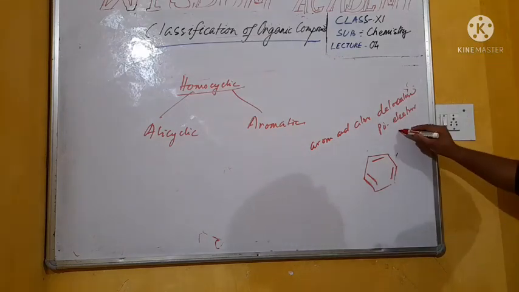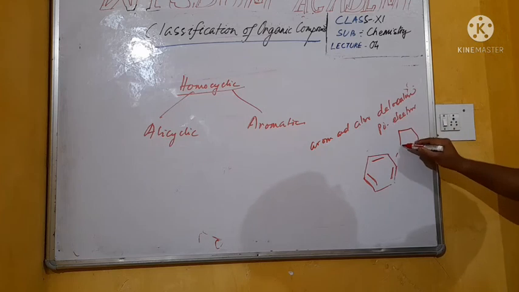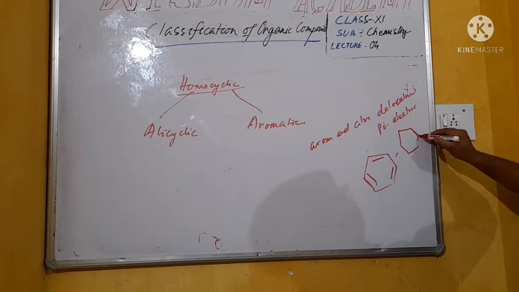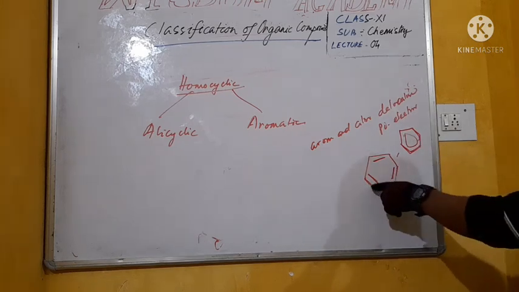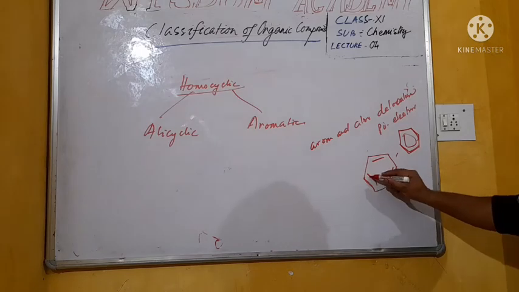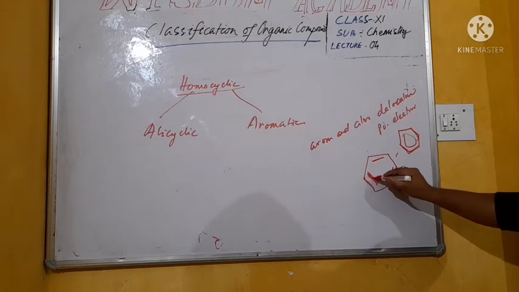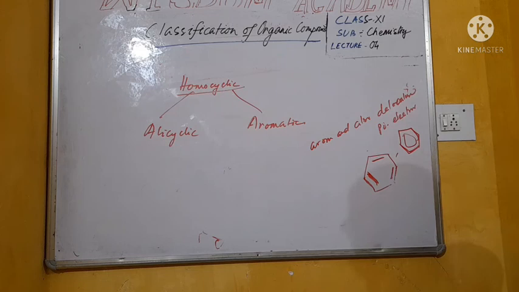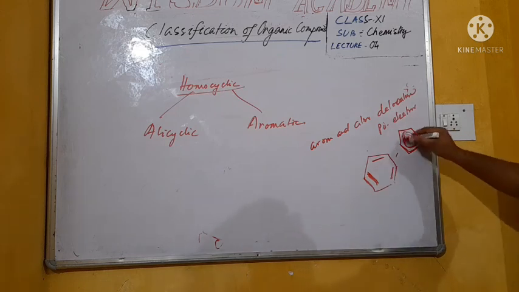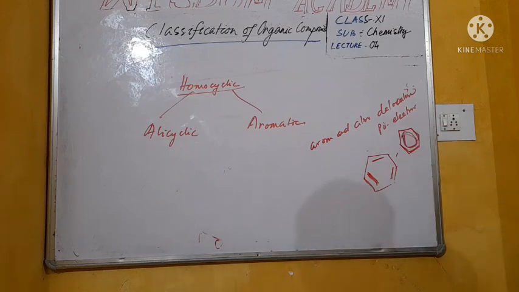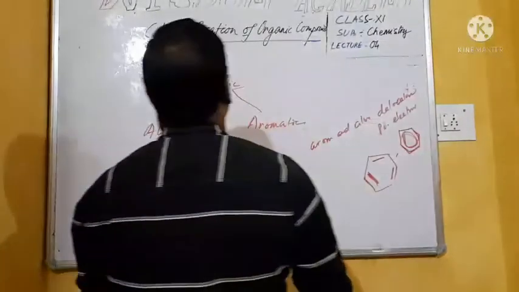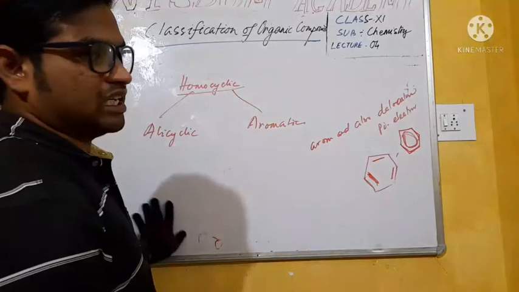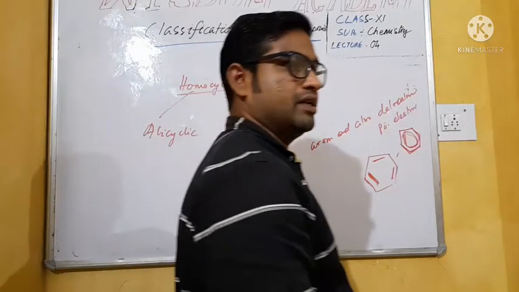So this structure can also be drawn like this, which means the pi electrons are not fixed or localized, they move freely. So the benzene structure will be like that. So this is aromatics. Later on, the details of this classification will be taught.